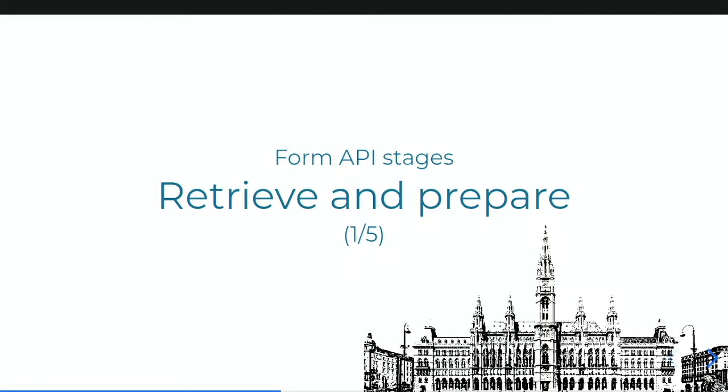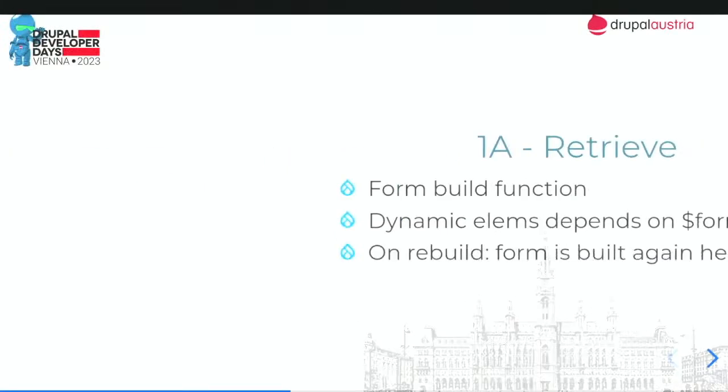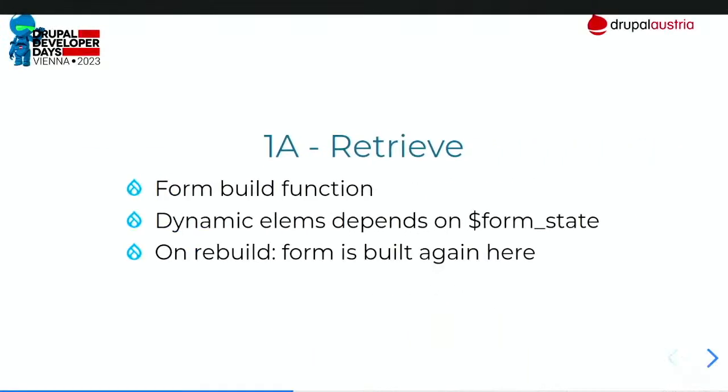First is the retrieve and prepare stage. This stage is divided into two sub-stages. The first is the retrieve, where the build function of the form is called. Here, all the initial elements are added to the form, and also the dynamic elements that usually depend on the form state.